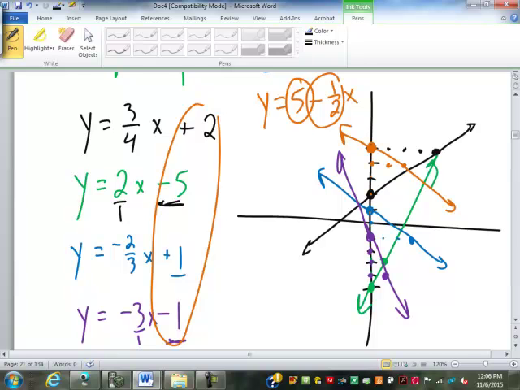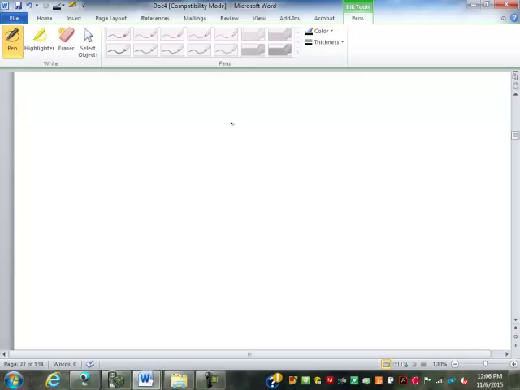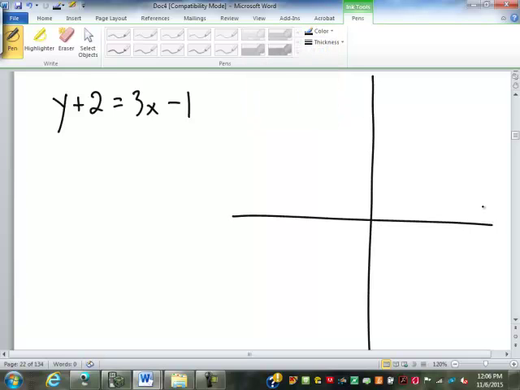Now, not all of our equations are that neatly laid out for us. We might have an equation that looks like this. Now, for that equation, what's different here?